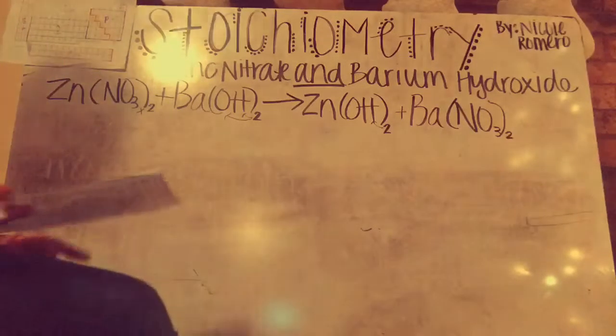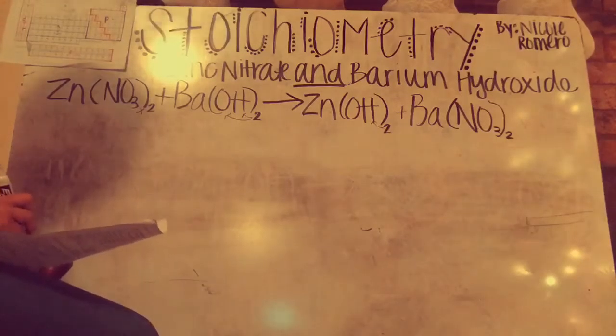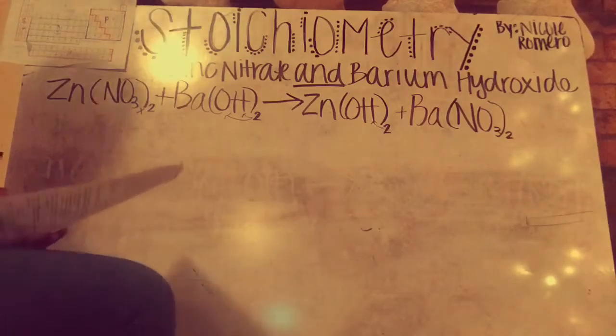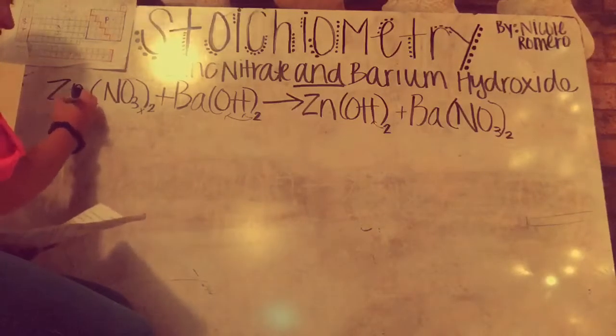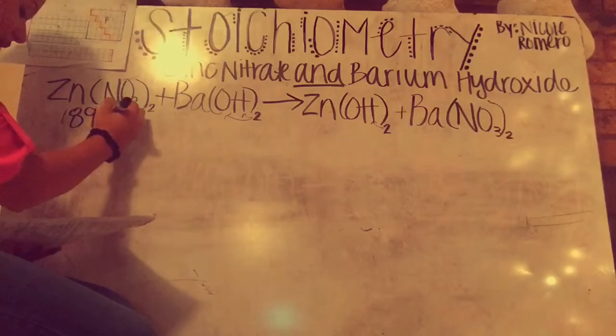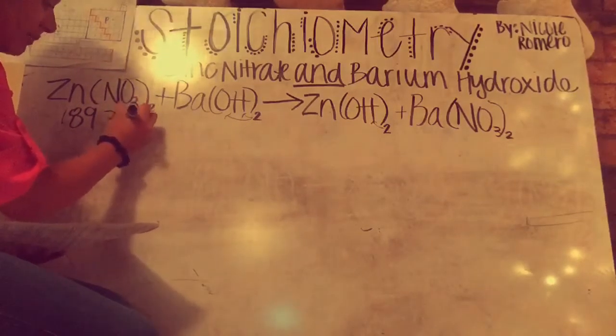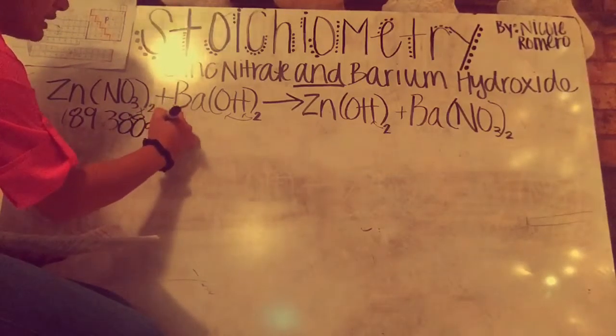Okay. So the second step in your equation is going to be finding out the molar masses for them. So I've done the calculations already, and zinc nitrate has 189.388 grams. That is the molar mass of zinc nitrate.